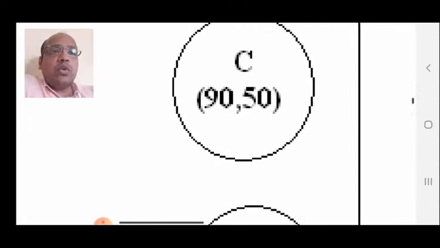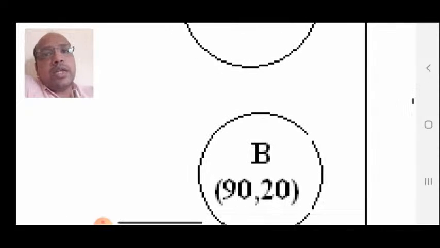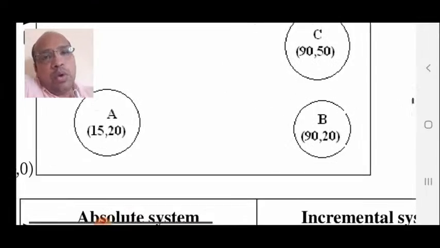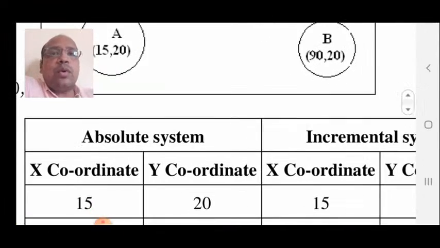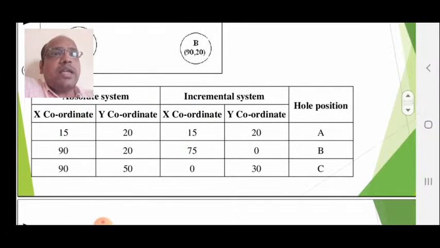Suppose in this diagram you want to write coordinates of point C, point B should be the origin. So the previous point becomes origin and you can write the coordinates of the next point. This is called the incremental coordinate system. Both coordinate systems are mostly used for drilling operations only. You can see the difference exactly. In the incremental coordinate system, x and y coordinates are written by assuming the previous point as the origin.